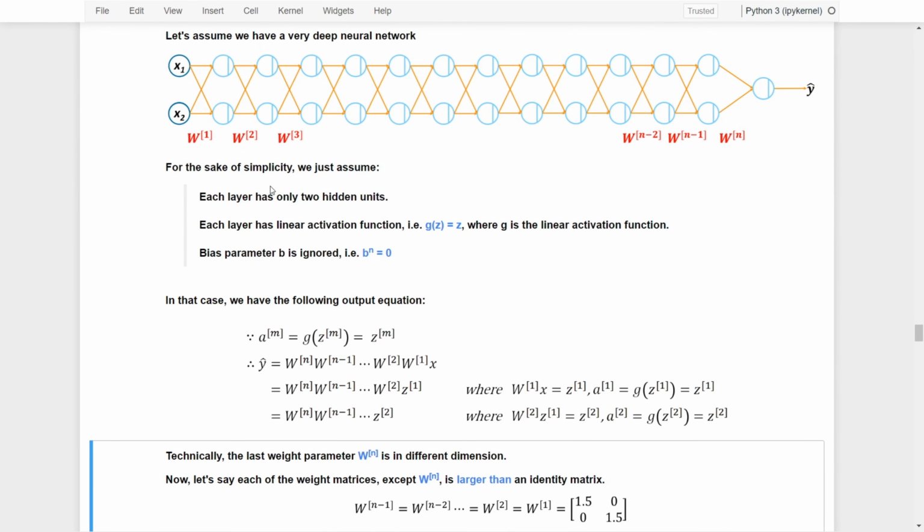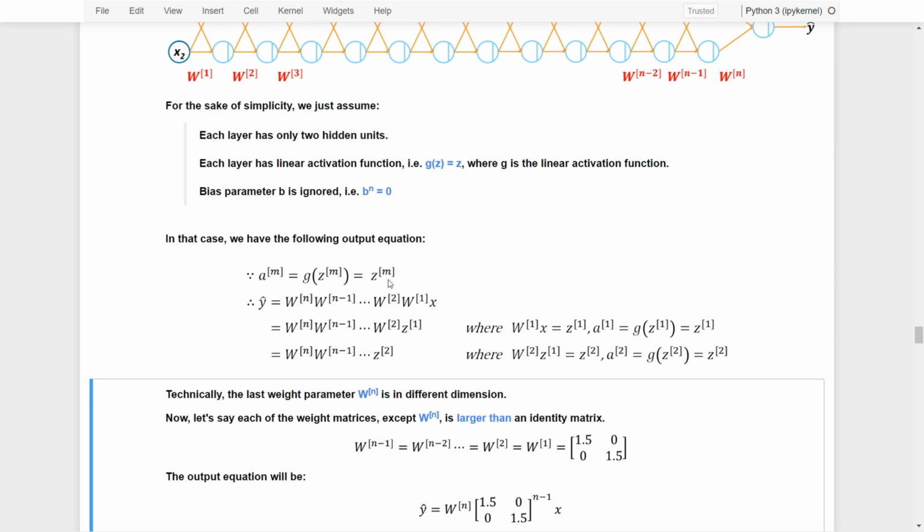For the sake of simplicity, we just assume each layer has only 2 hidden units, and each layer has linear activation functions, where g here is the linear activation function, so the input is actually equal to the output. At the same time, let's assume the bias parameters are ignored, and that is equal to 0. In this case, we have the following output equations, that is, the input after the activation function is equal to the output.